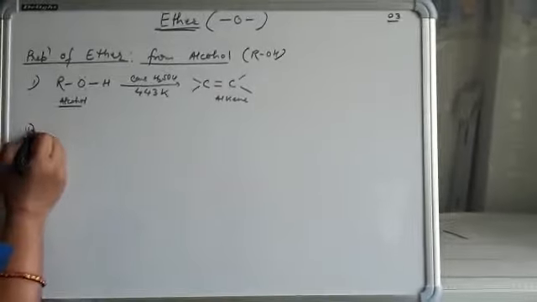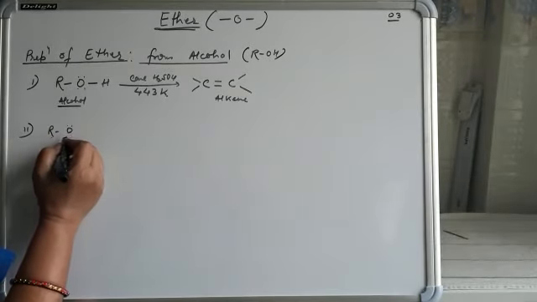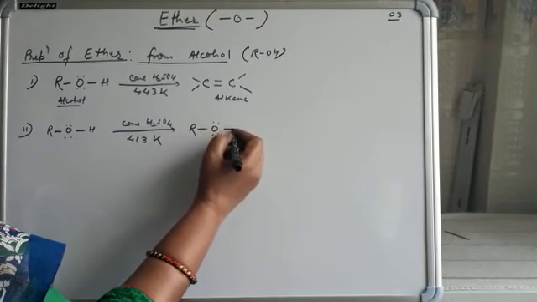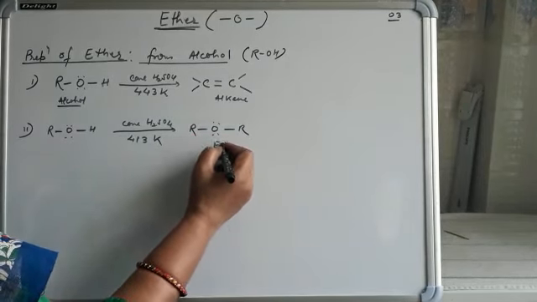But when the alcohol is treated with conc H2SO4 at low temperature, means temperature is 413 Kelvin, substitution takes place and ether is formed.